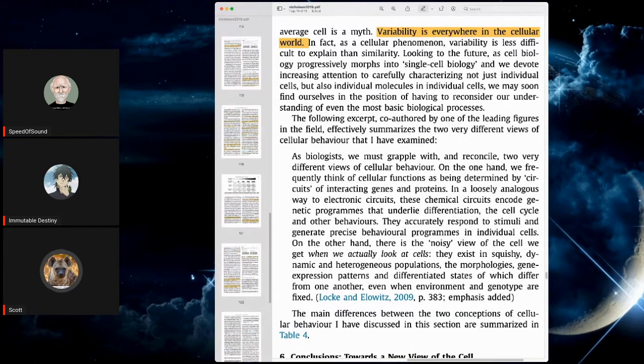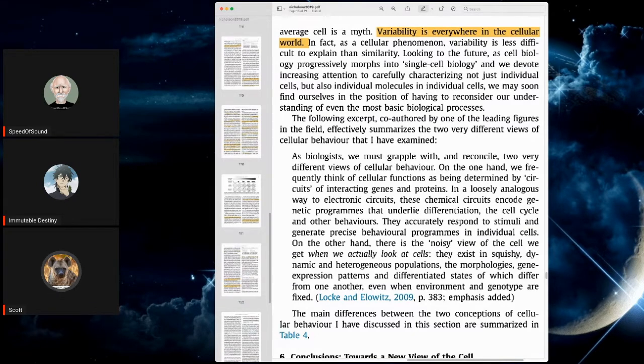Looking to the future, as cell biology progressively morphs into single cell biology, and we devote increasing attention to carefully characterizing not just individual cells, but also individual molecules in individual cells, we may soon find ourselves in the position of having to reconsider our understanding of even the most basic biological processes.